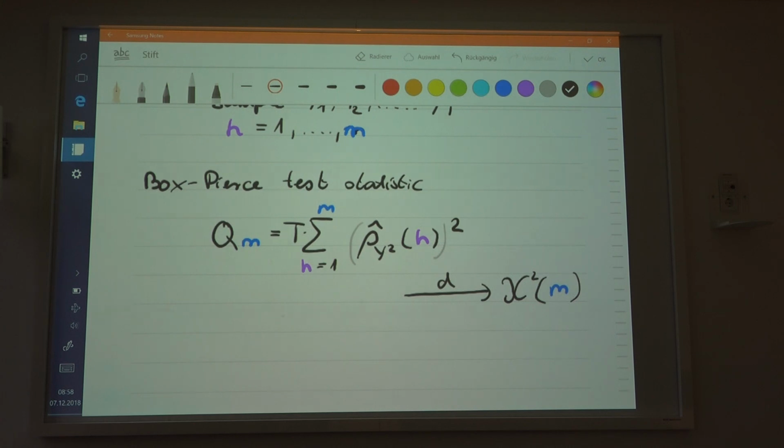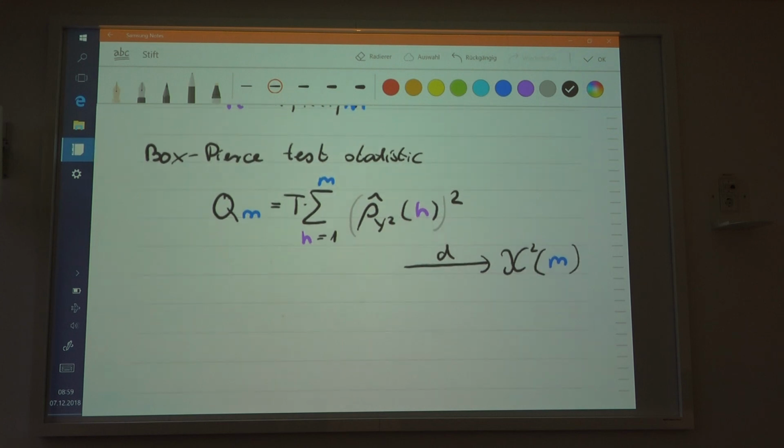The reason is that the empirical autocorrelation multiplied by the square root of capital T is going to be asymptotically normal, as the number of summands grows.